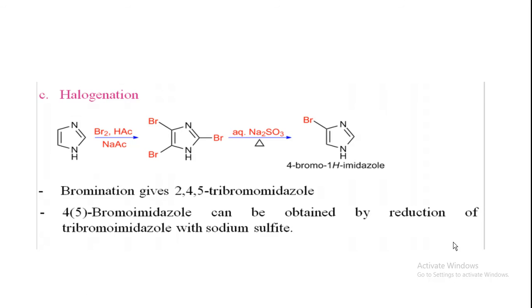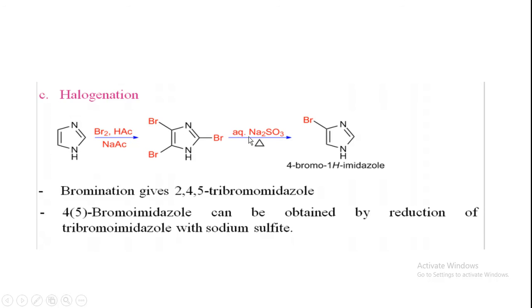So for halogenation you will use bromine. First bromination will give 2,4,5 tribromo imidazole. So here you see the 3 carbons will be substituted with bromine. Then 4,5 dibromo imidazole can be obtained by reduction of tribromo imidazole with sodium sulfide.